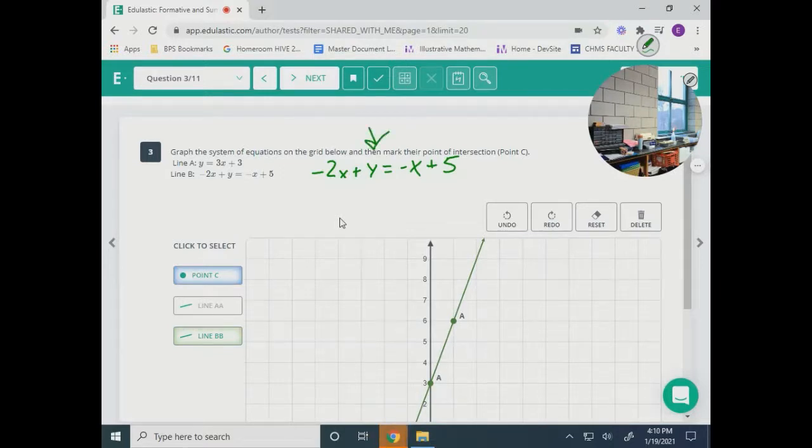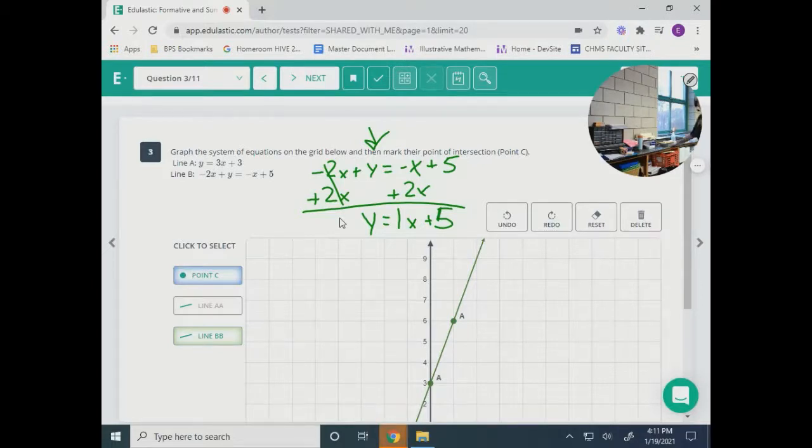It's already by itself, so we don't even need to do any division. I would add 2x to each side, and I would be left with y is equal to negative x plus 2x is, oh my gosh, you're right, a 1x, plus my 5. Oh my gosh, that was so easy. Crazy pants. I need to graph that guy.